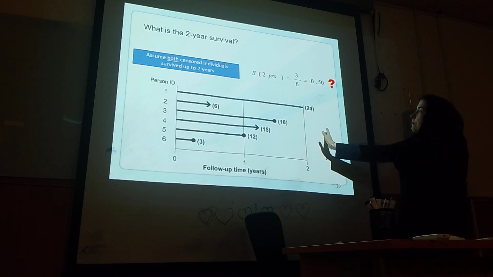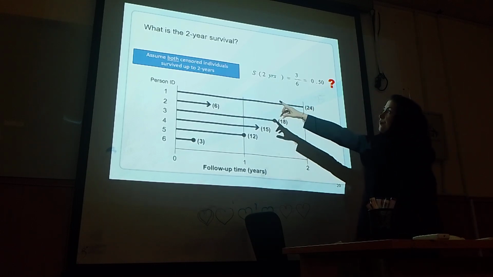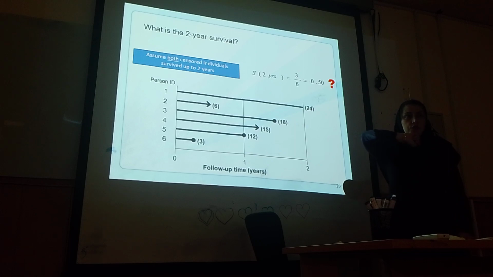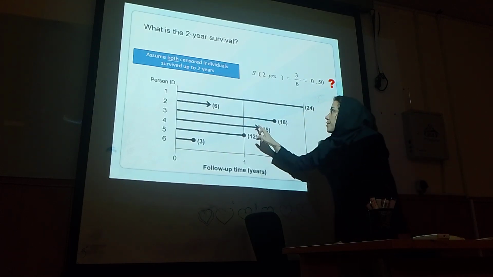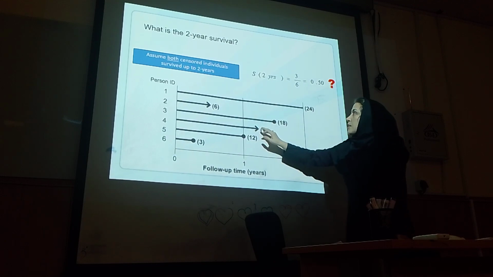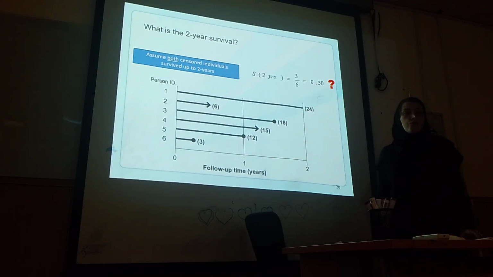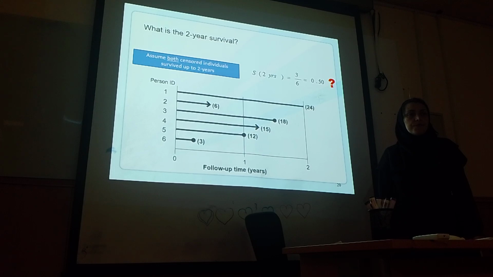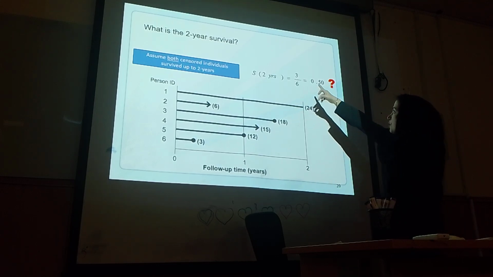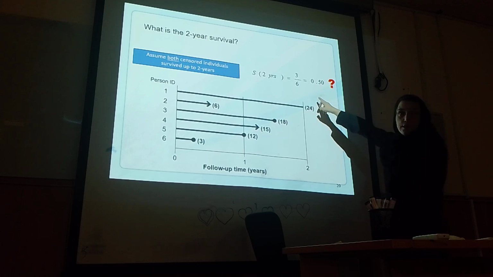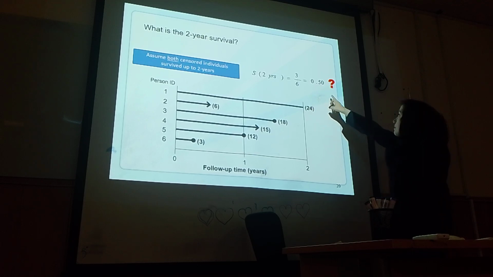If I ask you about 2 assumptions: assume both censored individuals survived up to 2 years. Survival up to 2 years would be 3 divided by 6, which means 50%.